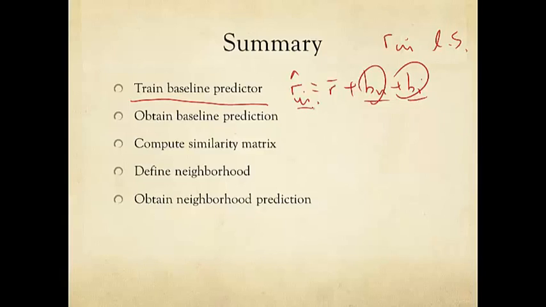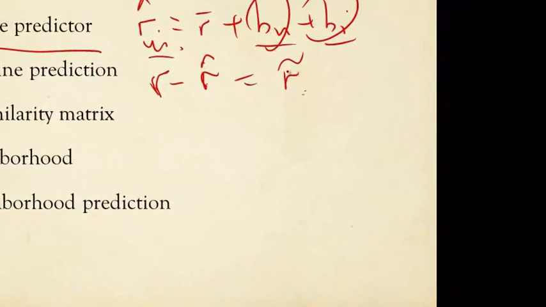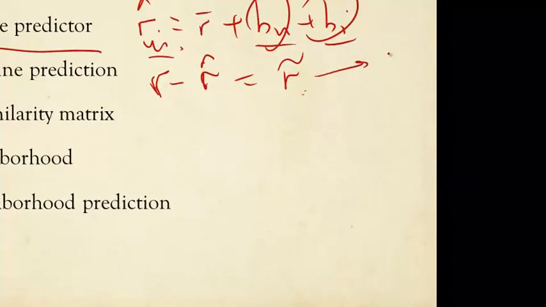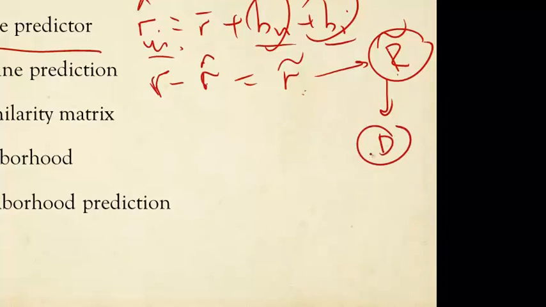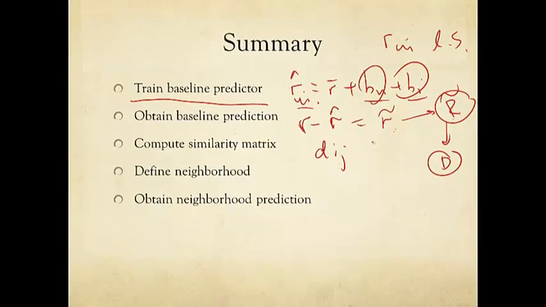Once you have the baseline predictor, let's call that R hat, then we can subtract R hat from R and get this shifted R tilde, which could be positive or negative. And then from the R tilde we can compute a similarity metric. If we collect all these into a big matrix R tilde, from this we get another matrix D, where each ijth entry of big D is simply the Dij that we computed as a function of these R tilde's.